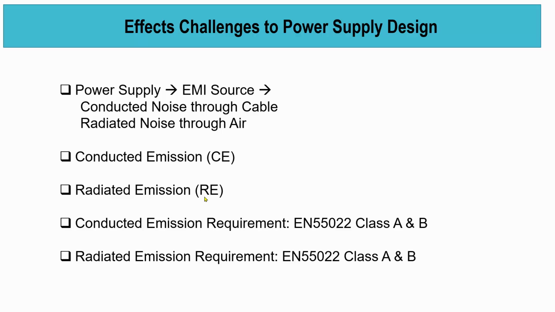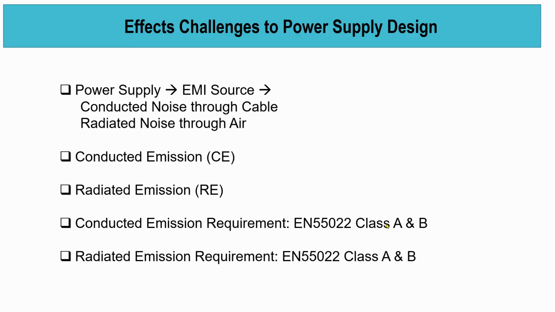There are some certain requirements that we have to follow, and there are some certain specs for that. One of the most popular specs is EN55022. There are two different types, class A and B. A is for industrial, and B is for commercial or residential type.